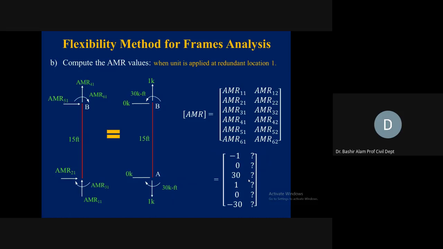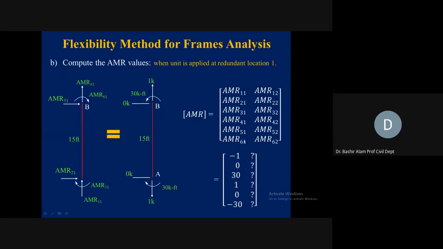We go now to the generation of the AMR values. So compute the AMR values. Now AML is already done in the previous slide. So this is when we apply a unit load corresponding to the redundant location 1. And that will complete the first column of this AMR matrix.